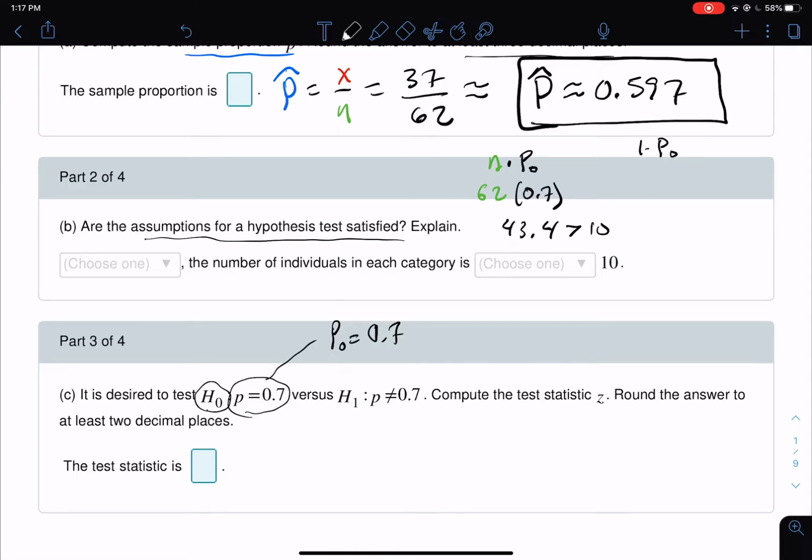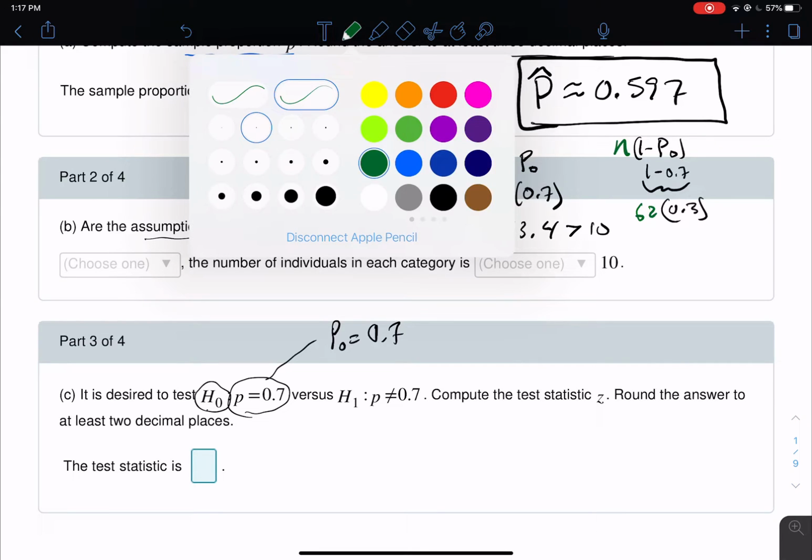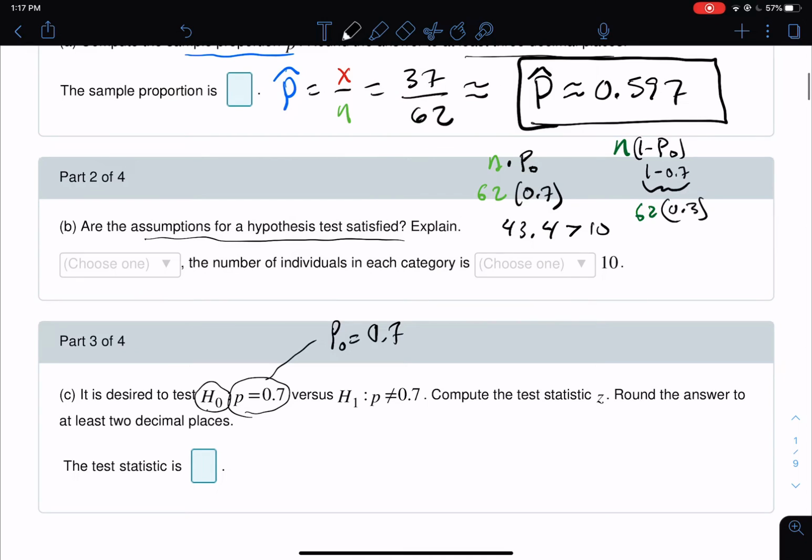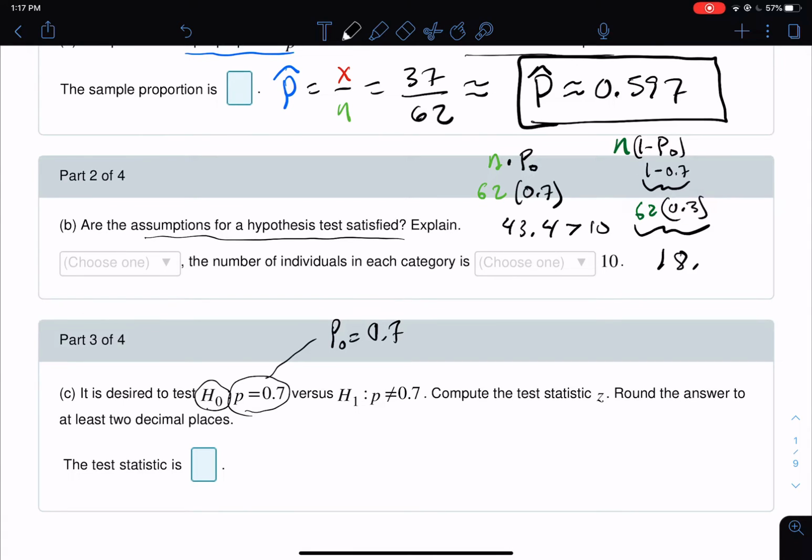And 1 minus 0.7 is going to give us 0.3. Of course, we also need to multiply that by our n value, our sample size, which was 62. When we multiply 62 times 0.3, we get approximately 18.6, and that's also greater than, or at least, 10.